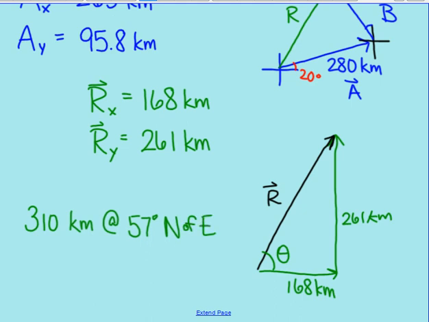You could have also said 23 degrees east of north, 57 degrees above the positive x-axis, or 23 degrees to the right of the positive y-axis.